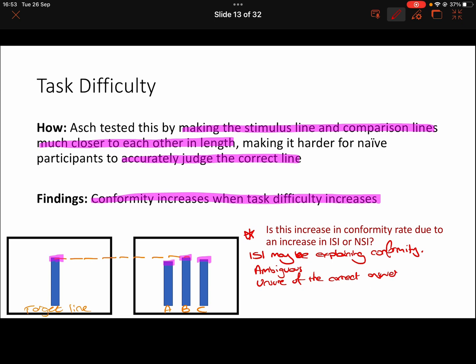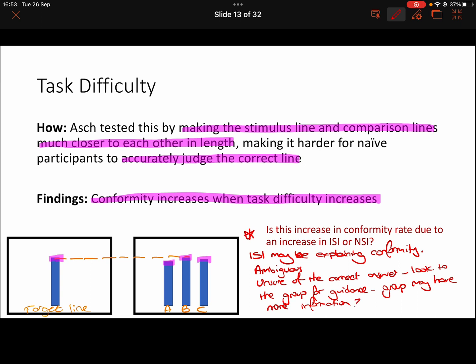Maybe they have more information than we do. And for that reason, we maybe trust the group and we conform with their answer because we believe they are correct.